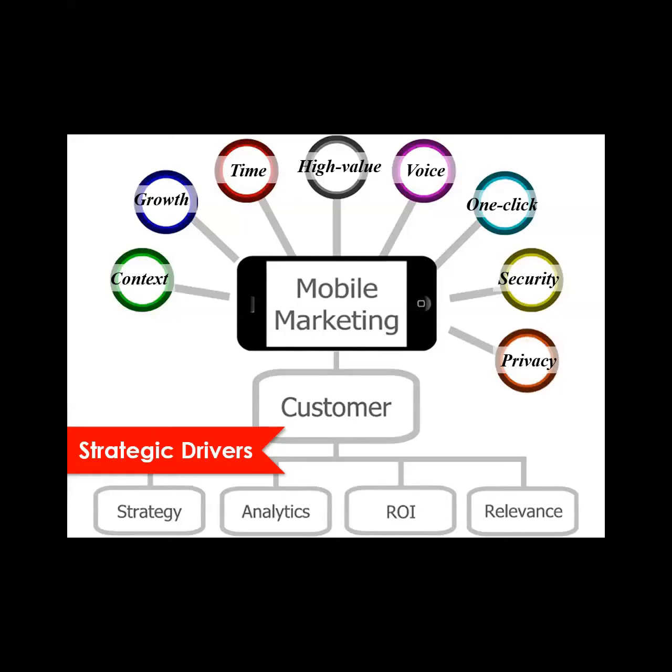High value includes coupons. Voice activation includes a very recent search marketing trend using voice-enabled technology. One-click payment is payment on a mobile device through a trusted third party. Privacy, for example, includes geolocation services and expanded permission-based marketing.